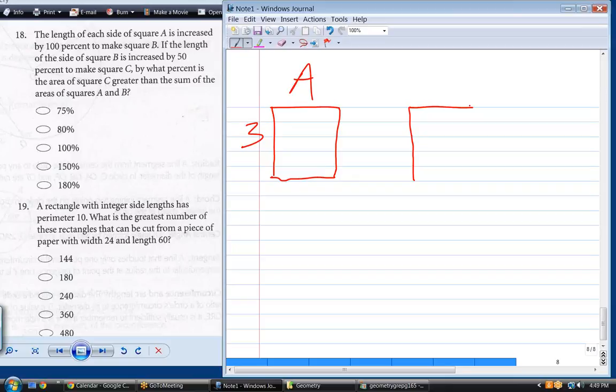Well, if it's increased 100%, then it becomes, would it become 2 times bigger or just be the same? No, 2 times bigger, for sure. In fact, we don't need to put a number there. Let's call that x. So this is going to be 2x.